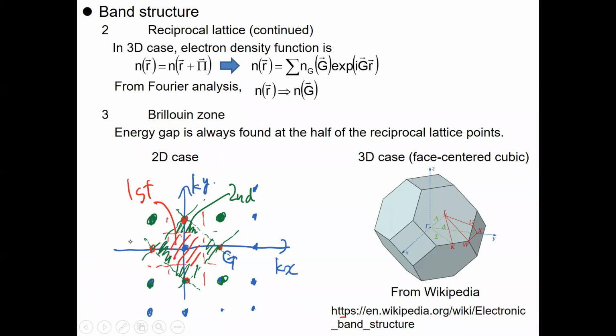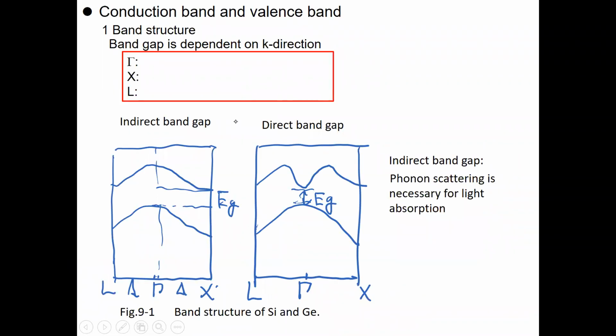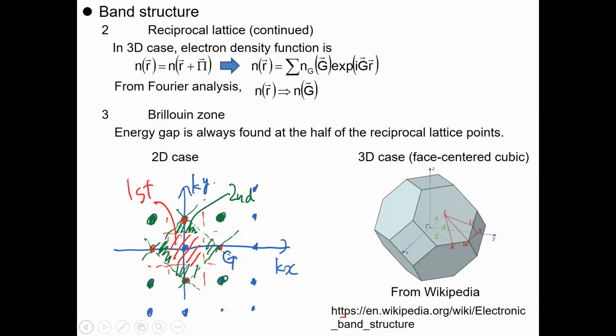And then, based on the reciprocal lattice positions, we can categorize the K domain for each different electron condition, which is called a Brillouin zone.